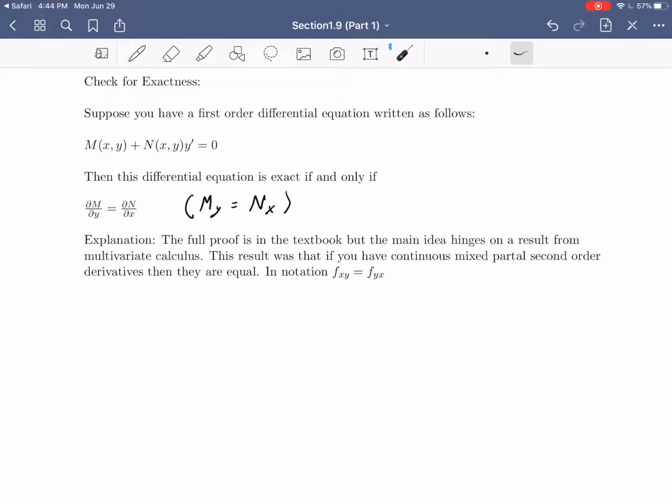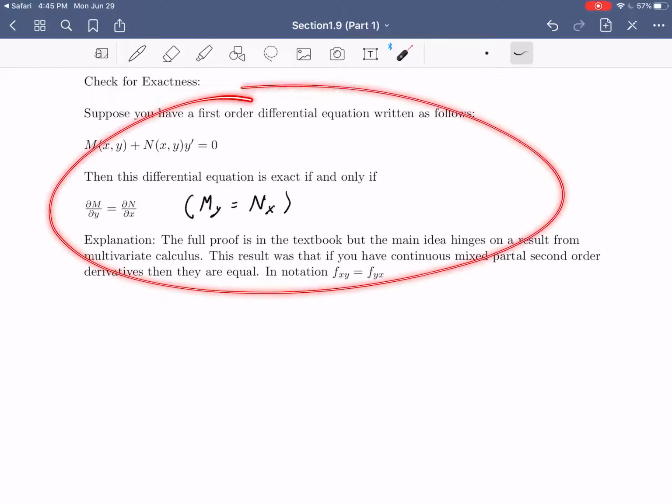Since we know those are supposed to be equal, if we can check that they're equal, then we can reverse that logic and say that, therefore, it must have been exact. The proof goes into more detail about exactly why that logic is reversible, and shows you in a constructive approach. Feel free to read through it, but we're going to see that proof in action computationally as we do our examples, so I wouldn't worry too much about it unless you're interested in it.